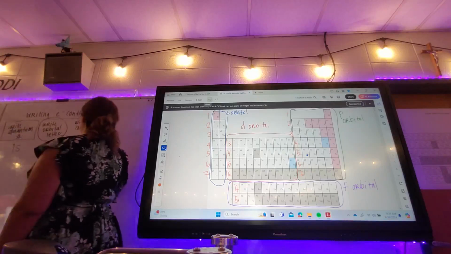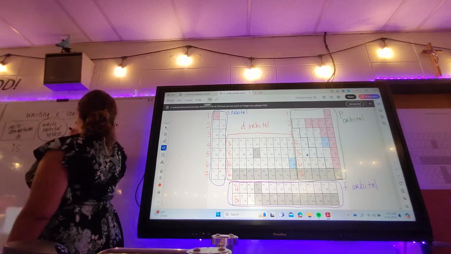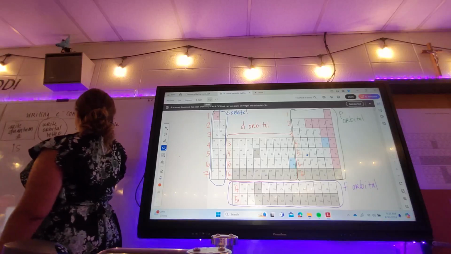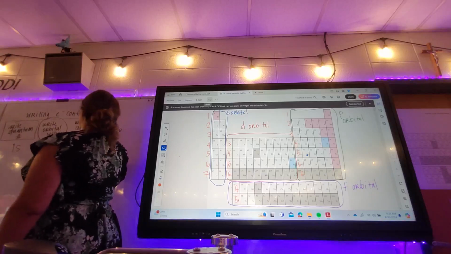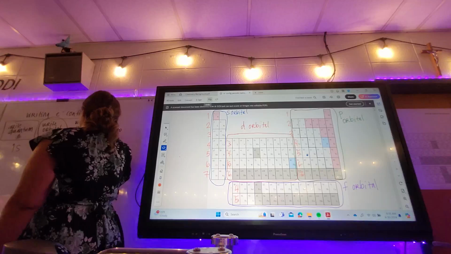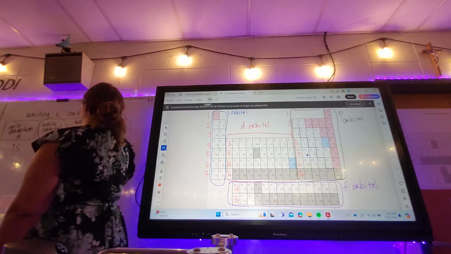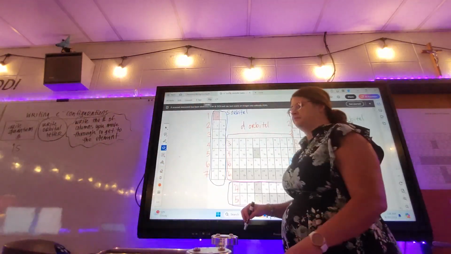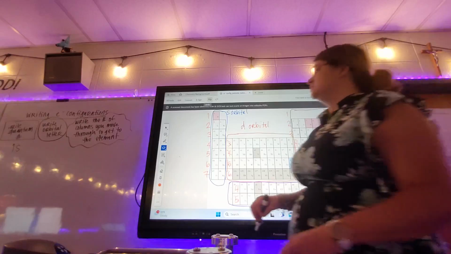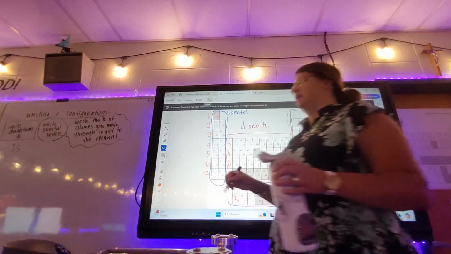Write the number of columns you move through to get to the element you're trying to write the electron configuration for.